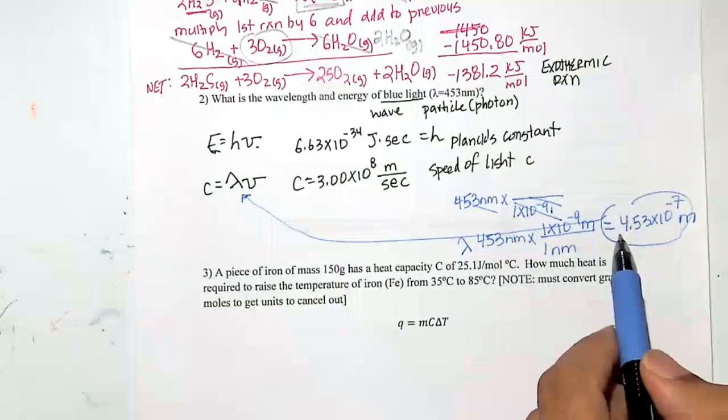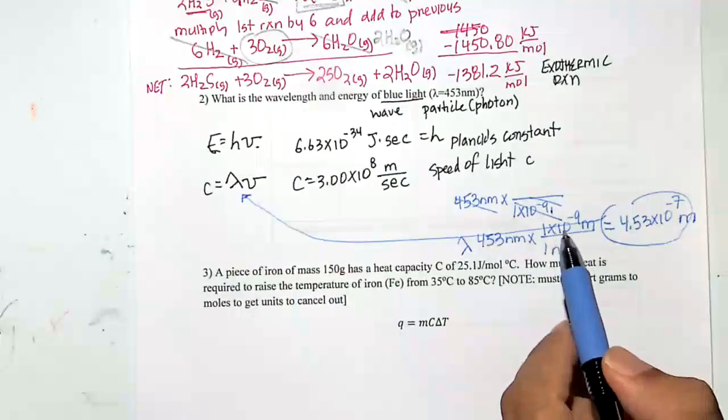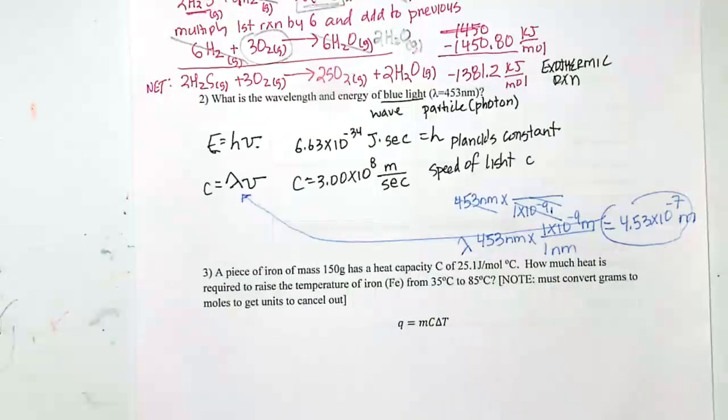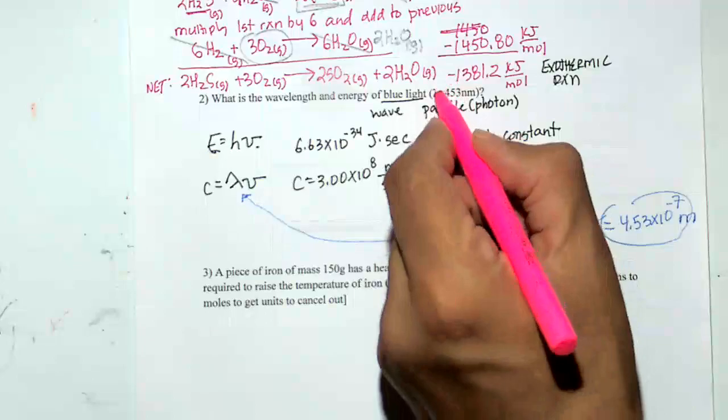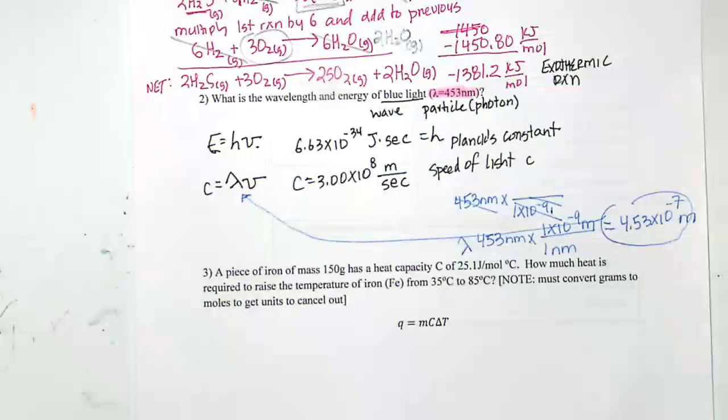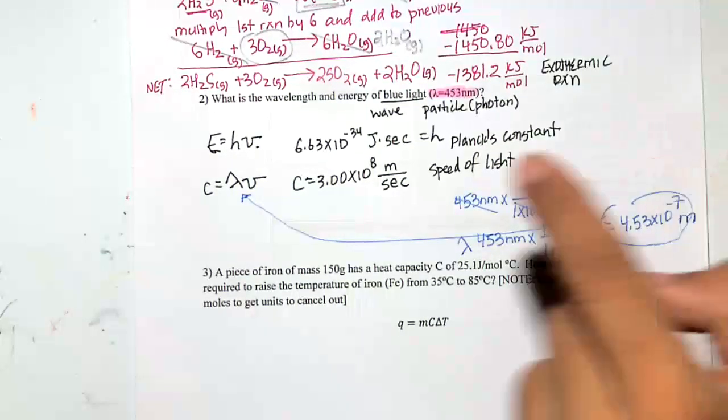So we're going to convert the nanometers to meters. 1 nanometer is 1 times 10 to the minus 9 meters. Doing that for this wavelength gives us a wavelength in meters of 4.53 times 10 to the minus 7. So that's our wavelength.